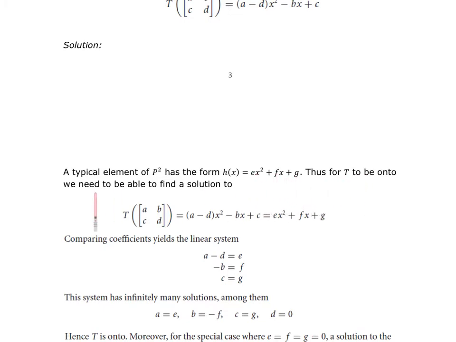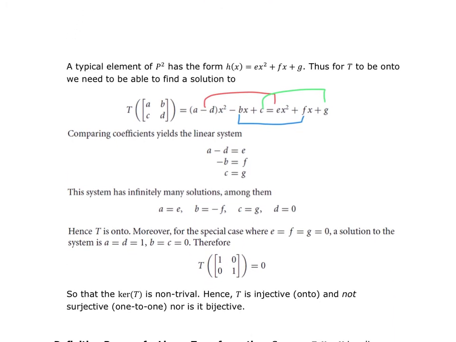Thus, for this to be onto, we need to be able to find a solution such that (a - d)x squared - bx + c equals ex squared plus fx plus g. Now, if we compare the coefficients, a minus d has to equal e, and negative b has to equal f, and then of course c has to equal g, because that has to hold true.